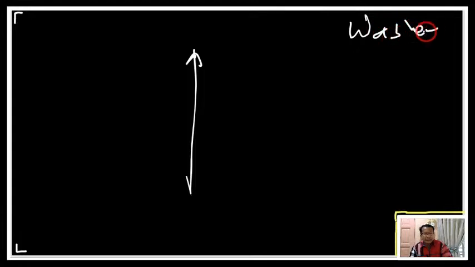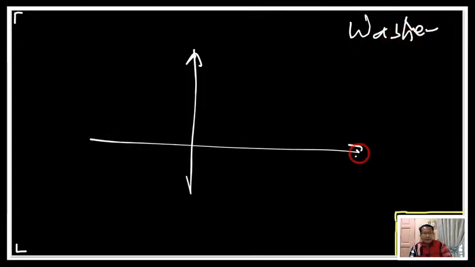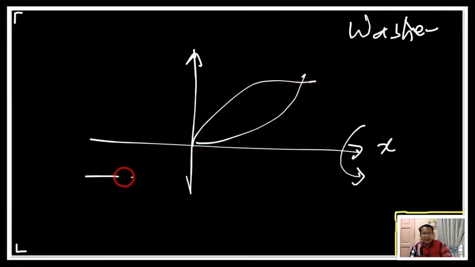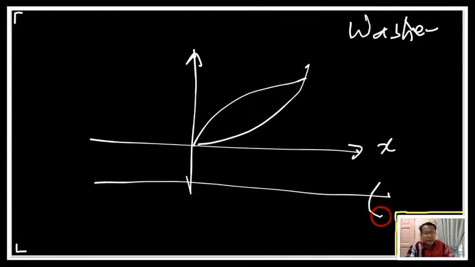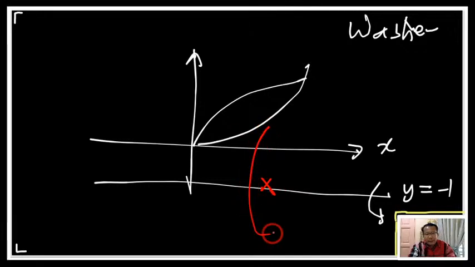Washer is the same thing. I draw the same graph. This one washer. Rotate here, and then rotate here, y equal to minus 1. So your circle is, oh, sorry, the center is here. So like this, and the big one is this one.